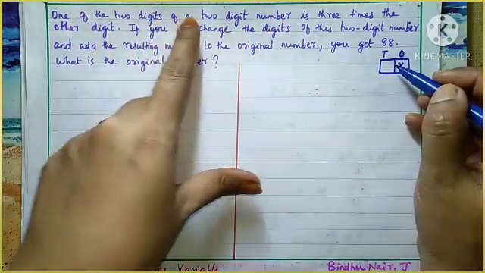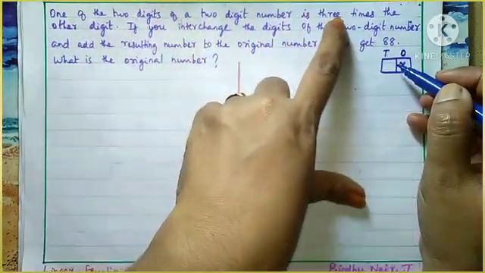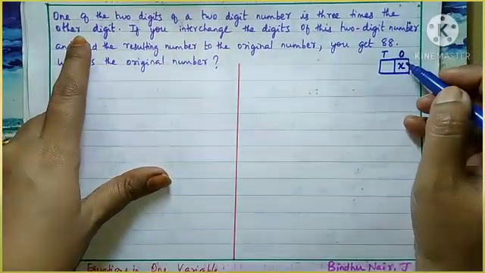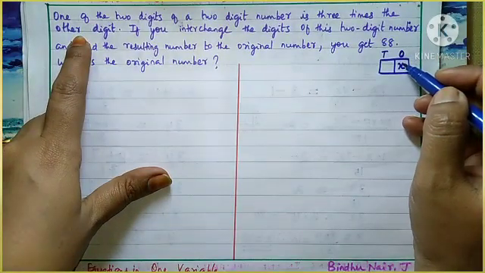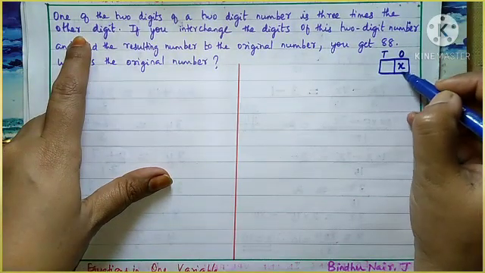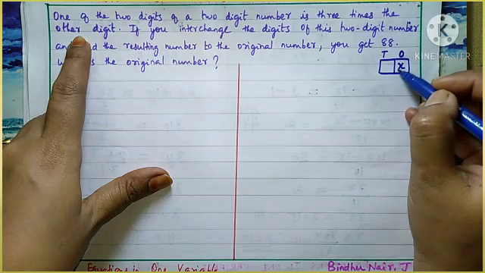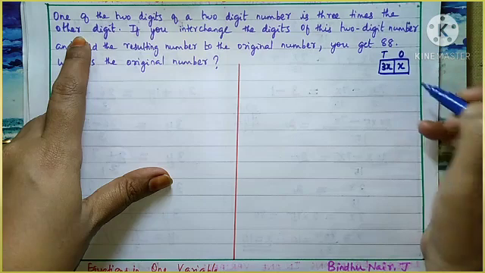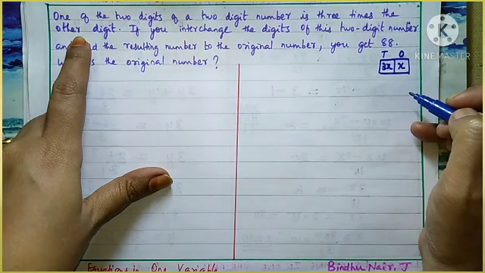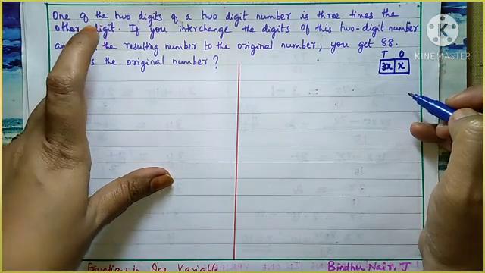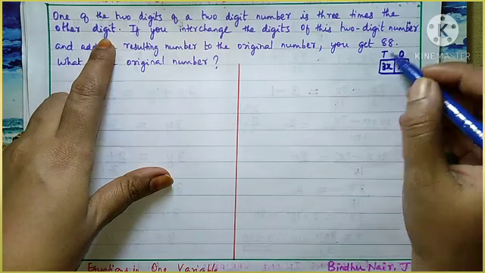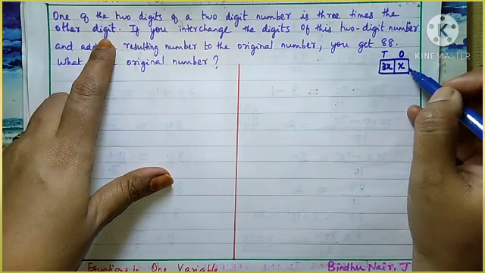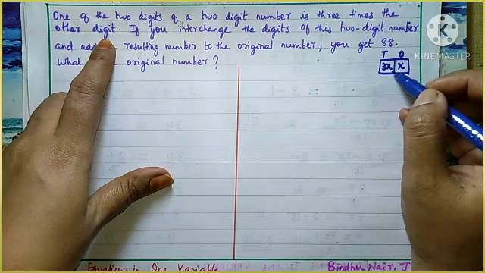One of the two digits is 3 times the other digit. 3 times means you multiply by 3. So if we take one digit as x, the other digit will be 3 into x, that is 3x. Understood? So that is the meaning of the first sentence of the question.